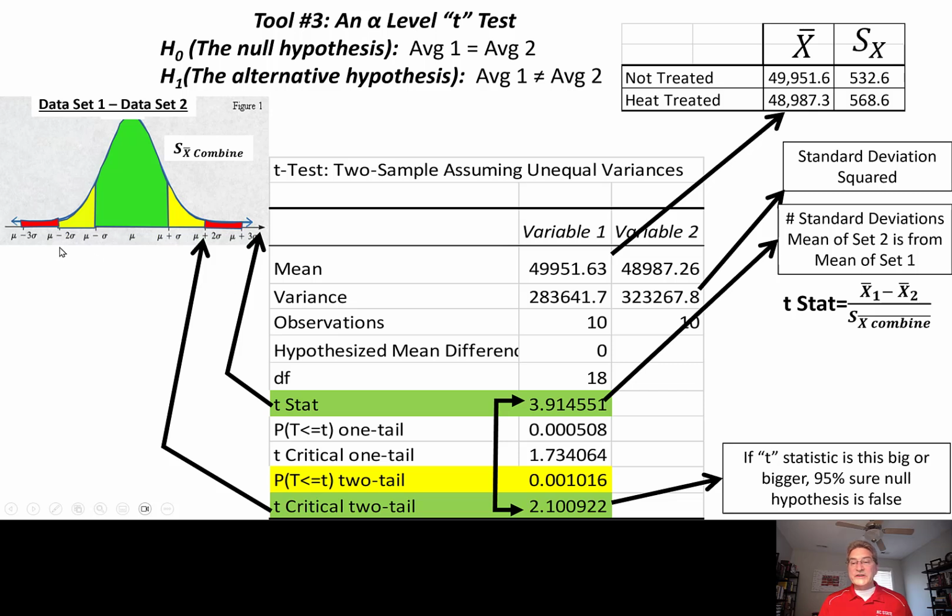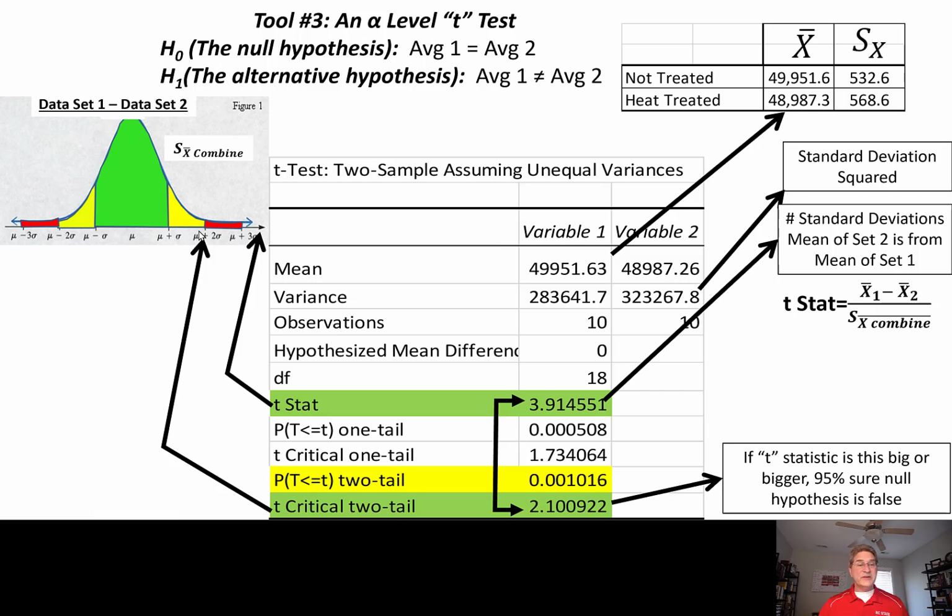So if the t statistic is bigger, like either that way or on the left if it's negative, then you're 95% sure the null hypothesis is false. They're not equal. So this is my critical value, 2.1. My t-stat was actually 3.9, so heat treating mattered.